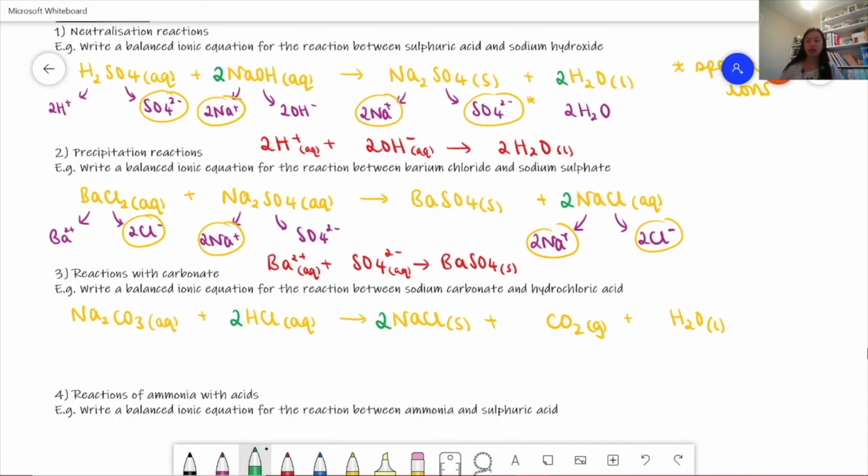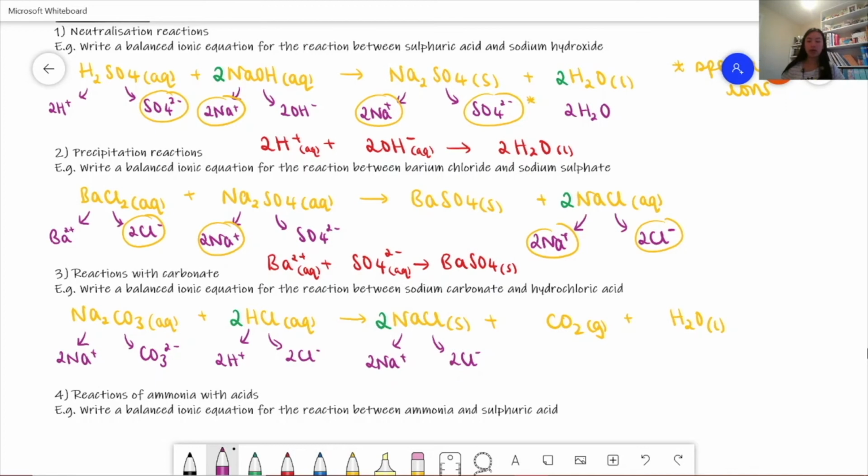And so now again, we look at our ions. So here we have 2 Na plus ions, and then a carbonate ion, so a CO3 2-. And then here we have 2 H pluses and 2 Cl minuses. Here we have 2 Na pluses and 2 Cl minuses. And then we form our carbon dioxide and water.